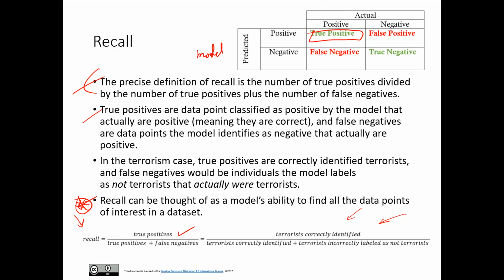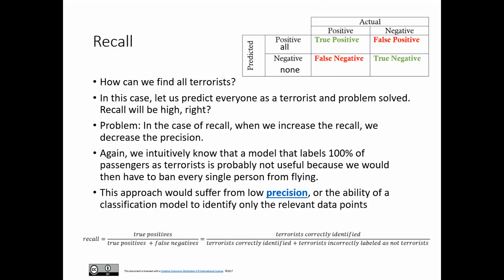So how can we find all terrorists? Let us predict everyone as a terrorist. Then we'll definitely capture them, so problem solved. Recall will be high.